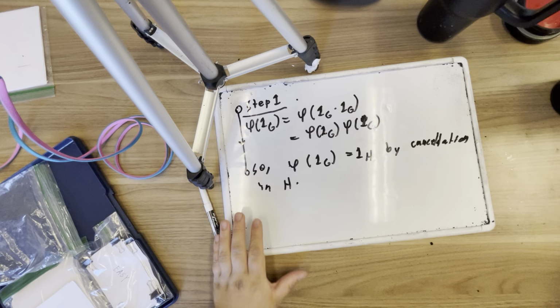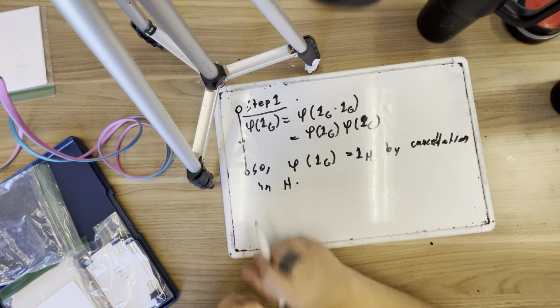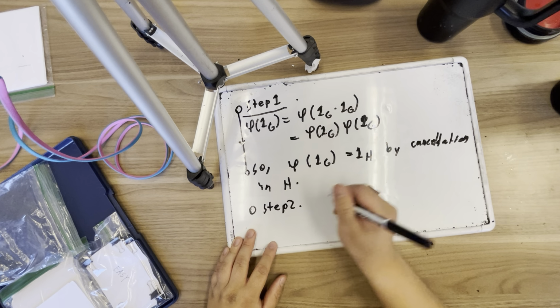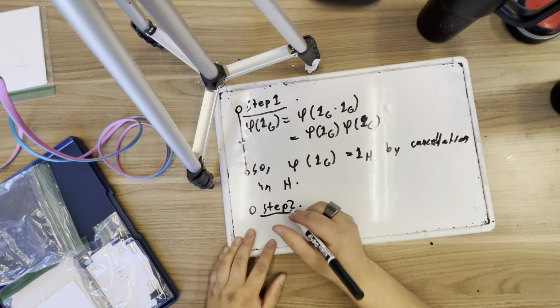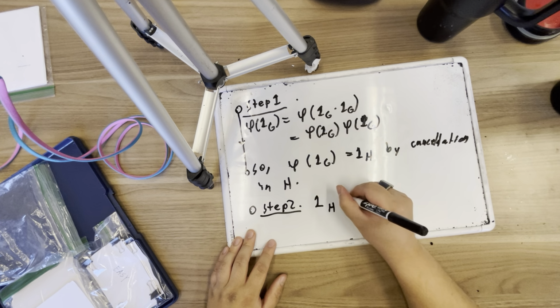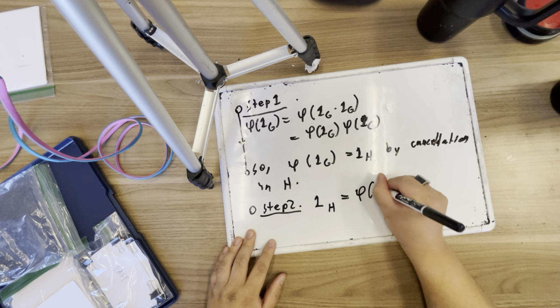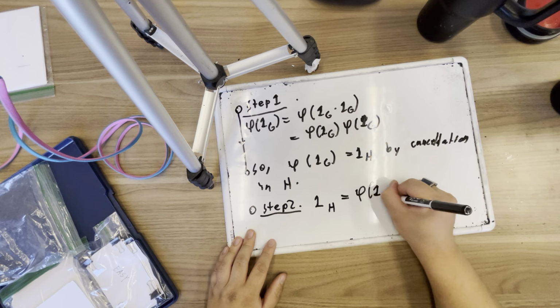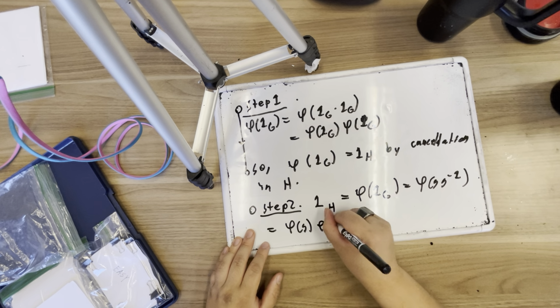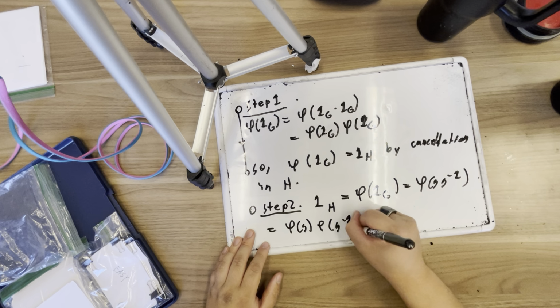Right? Okay, and for step 2, 1_H is equal to phi of 1_G, which is equal to phi of g times g to the negative 1, which is equal to phi of g times phi of g to the negative 1.